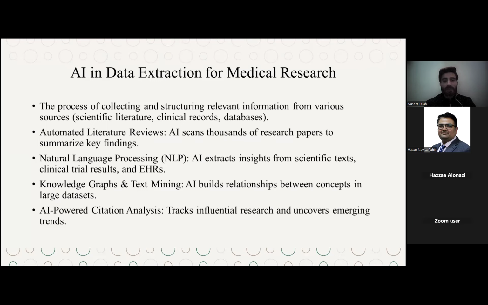Natural language processing: artificial intelligence extracts insights from scientific texts, clinical trial results, and EHRs. Knowledge graphs and text mining: artificial intelligence builds relationships between concepts in large data sets. Artificial intelligence powered citation analysis tracks influential research and uncovers emerging trends.